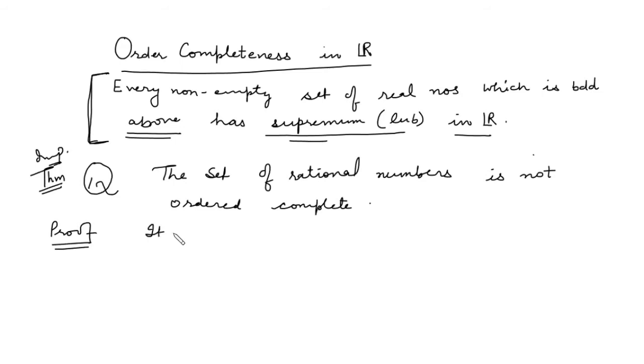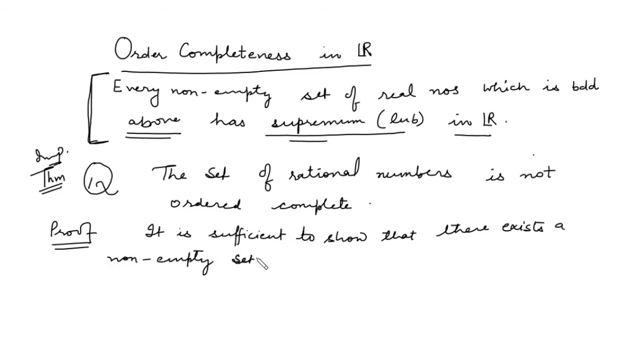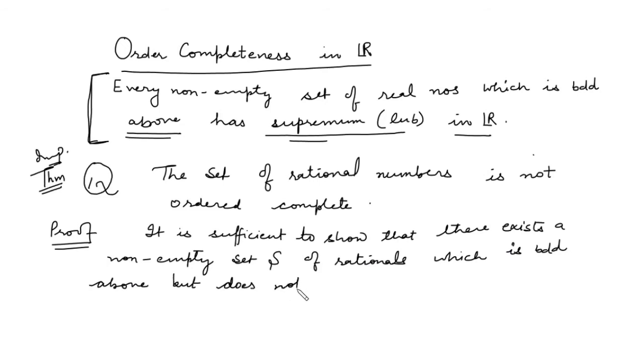It is sufficient to show that there exists a non-empty set S of rationals which is bounded above but does not have a supremum in rationals. If it were real, it would be true, but in rationals it is not necessary that the supremum exists.